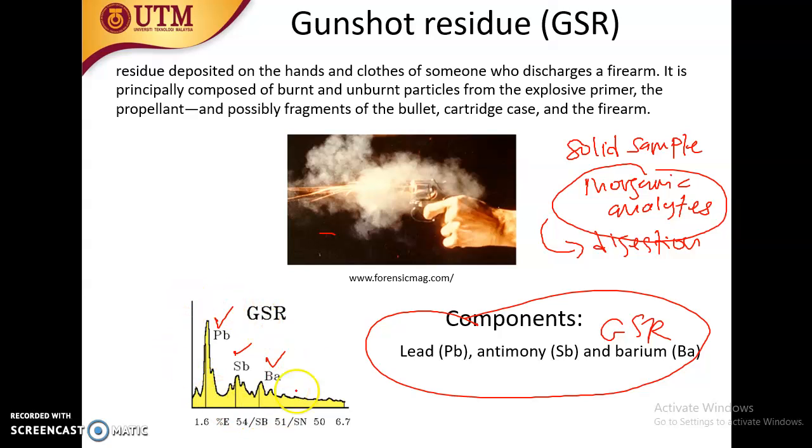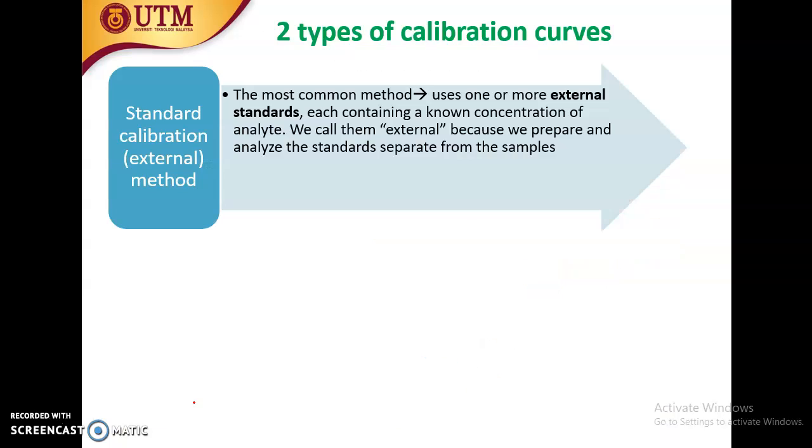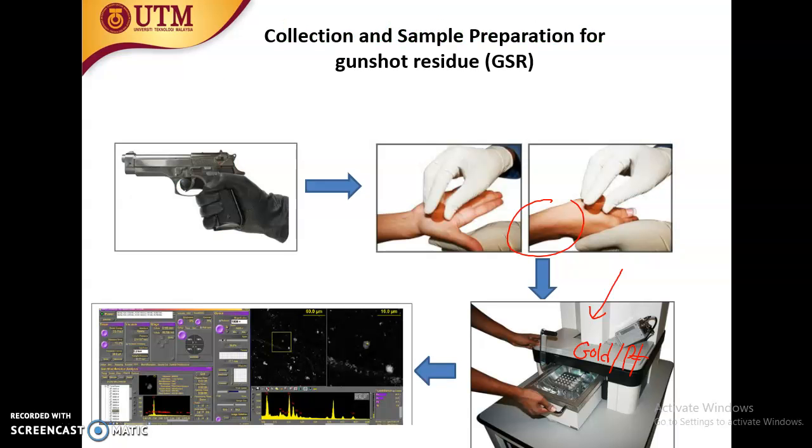If you have all those three elements, this can classify the evidence as GSR. It is given out in terms of percentage. Okay, so I will stop the video here and we will continue with the calibration curve.